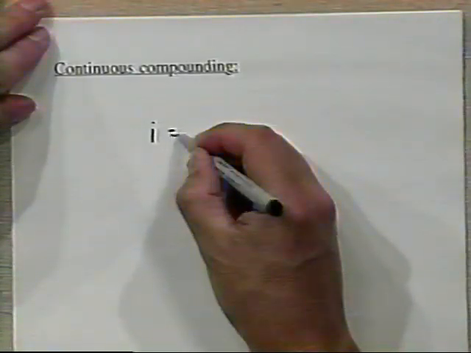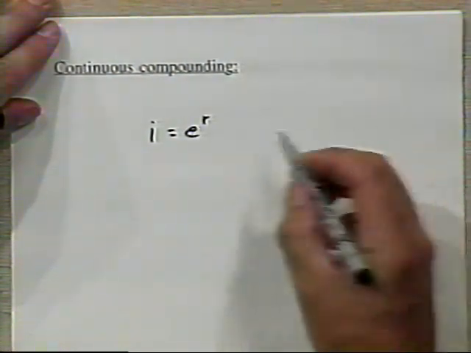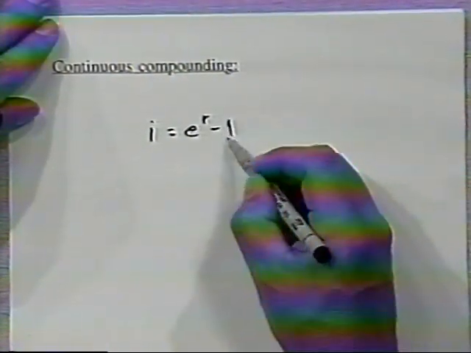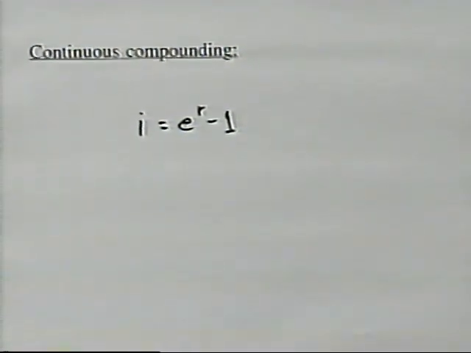And we developed a formula that the effective interest under continuous compounding was e to the r minus 1, where r is the nominal interest rate for continuous compounding.